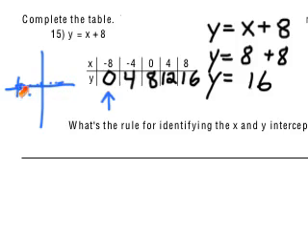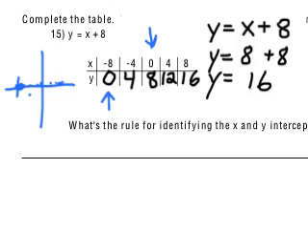That is where it crosses the x-axis. That's the x-intercept. And then, of course, where x is 0, that's the y-intercept. It would have to cross or intercept the y-axis.